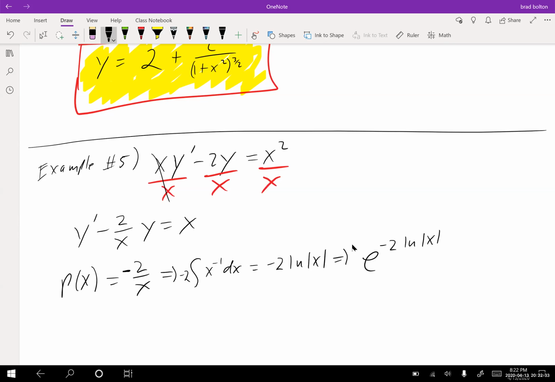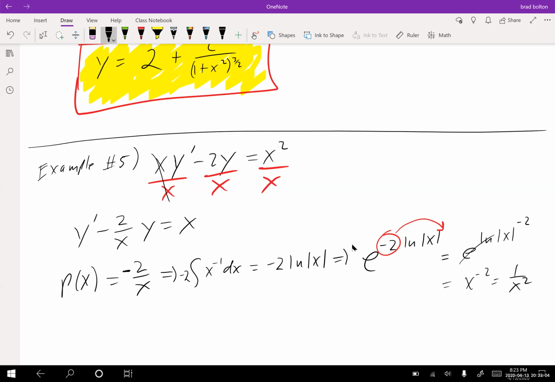But this cleans up even better to be e to the ln of the absolute value of x to the negative 2. You really have to keep in mind that if you want to use this technique, you have to take this power and put it back up here if there's an ln, because you want to be able to wipe those out and you'll just get x to the negative 2, which is just 1 over x squared.